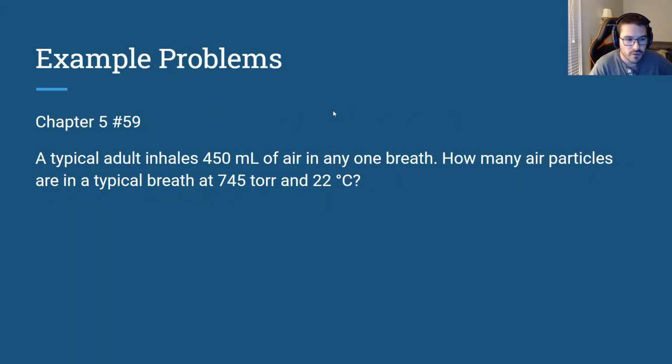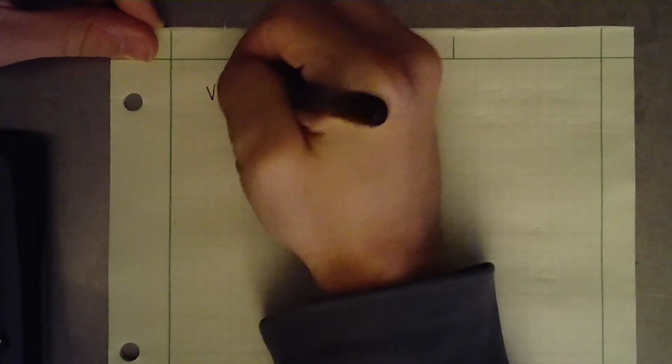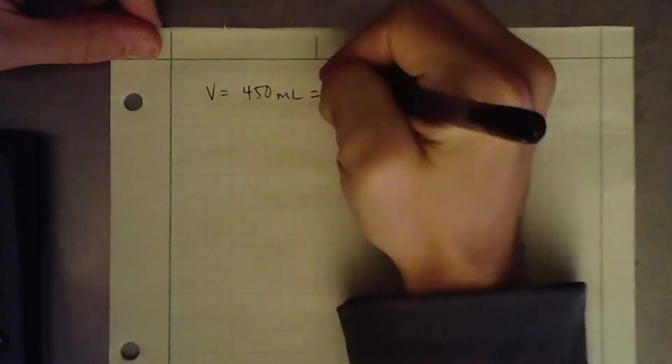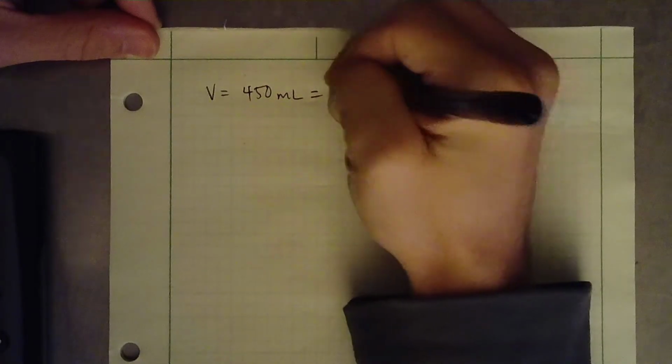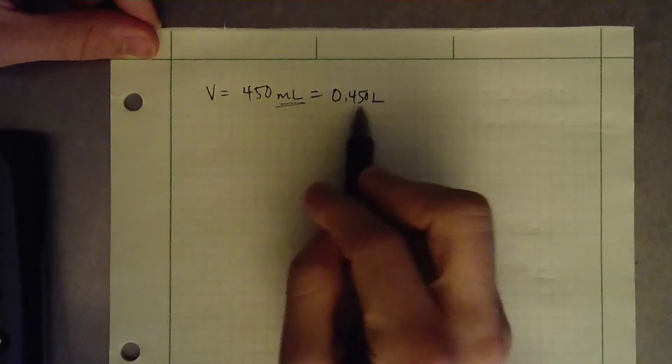So let's go ahead and write down the information we have to start with. Our volume is 450 milliliters. Let me go ahead and convert that to liters. Probably a good first step for each problem: if you have milliliters, go ahead and convert it to liters.